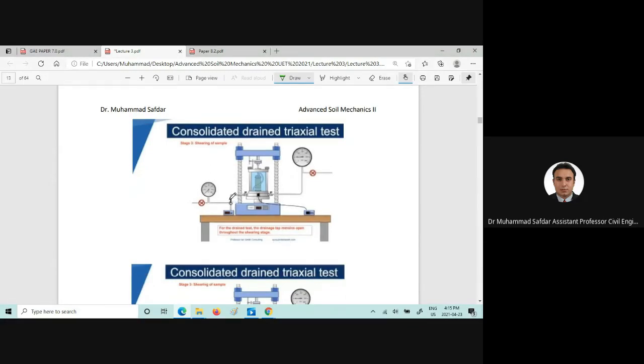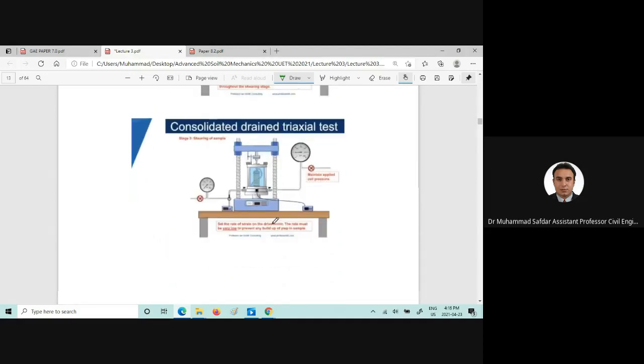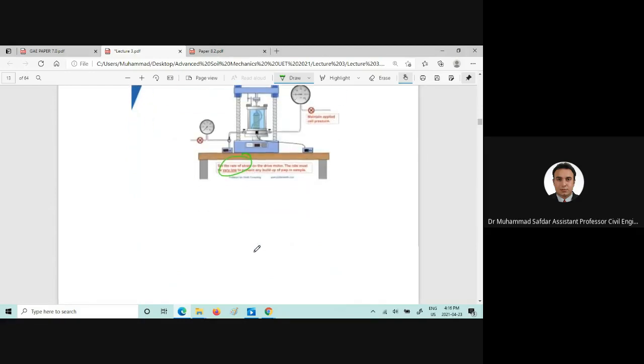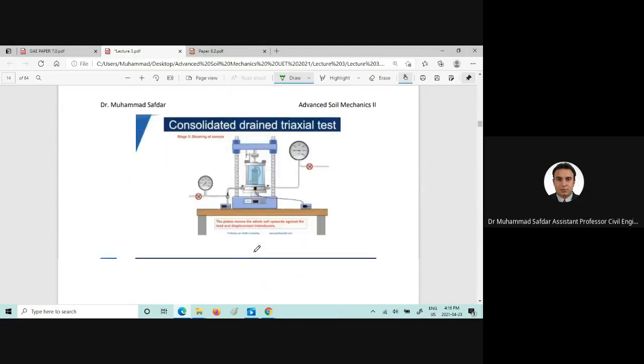You can clearly see that the valve is open during the shearing stage, and now the piston can move up, and the LVDTs and the load cells are here to measure the displacement and the loads respectively. We can set the strain rate and shear the specimen very slowly so that the pore water pressure won't be generated.